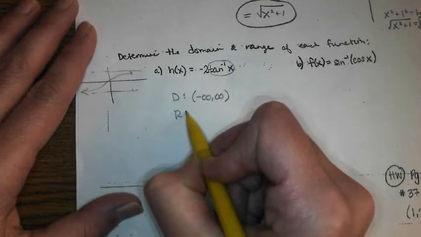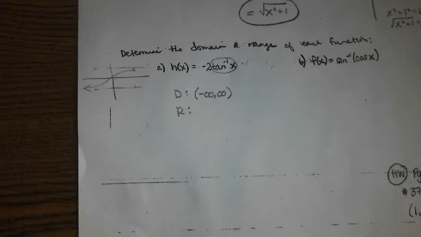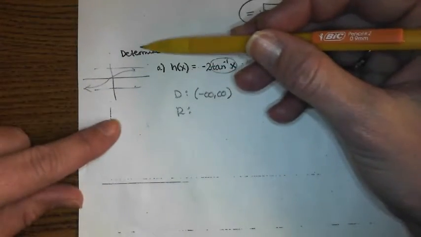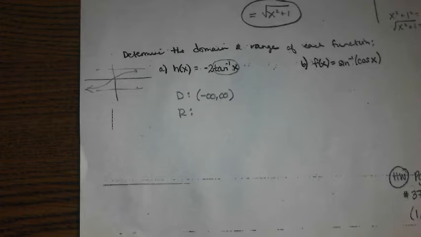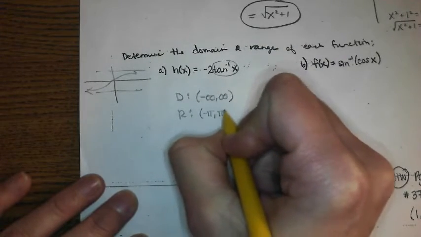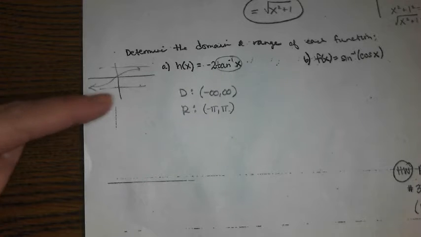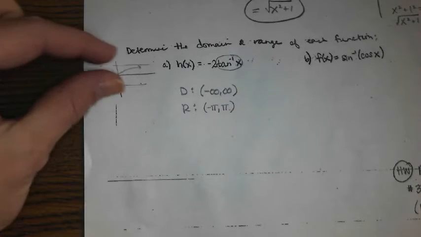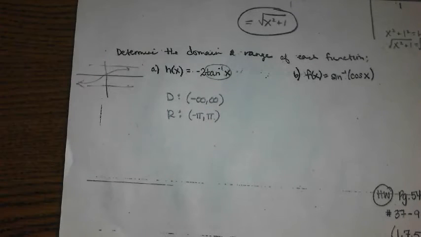The range, however, because this got vertically stretched by a factor of 2, and then horizontally flipped, although that's not going to really change our range, what is our new range? Negative pi to pi. Good. With parentheses because those are technically asymptotes. It used to be negative pi over 2 to pi over 2, but I doubled that out vertically, and then when I flip it, not going to make any difference. Good?